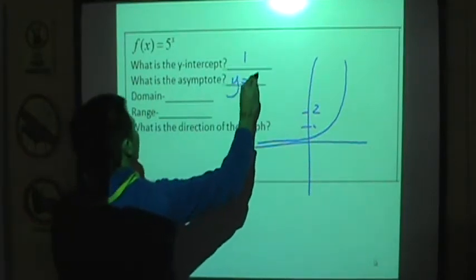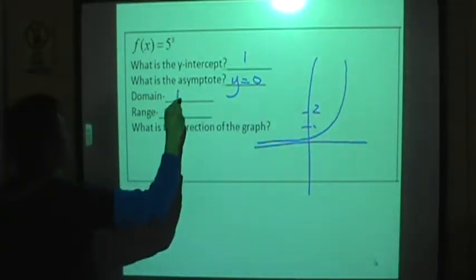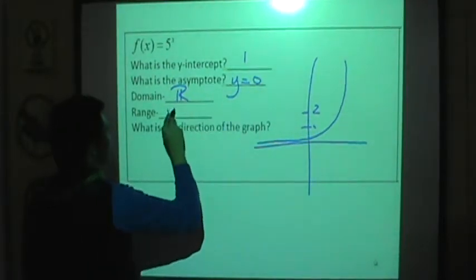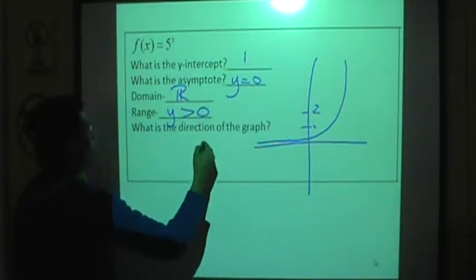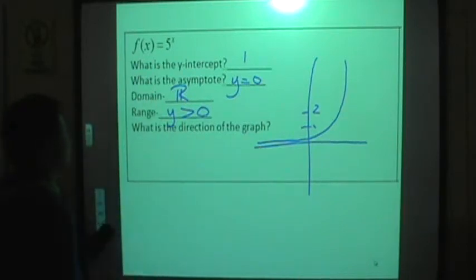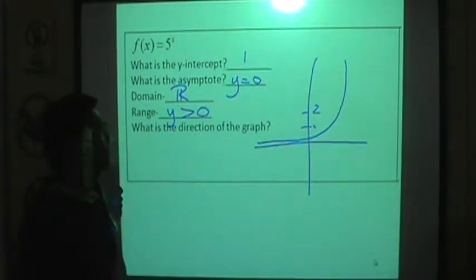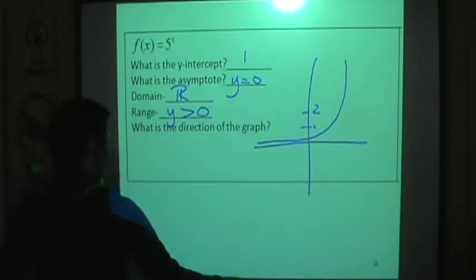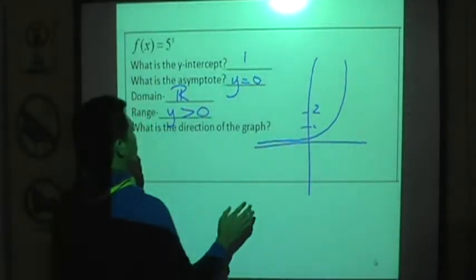So y equals 0. The graph is going left and right, all real numbers, and the range again is going up, so greater than 0. What is the direction of the graph? The direction of the graph is going up from left to right.